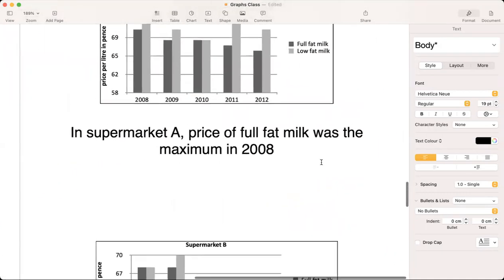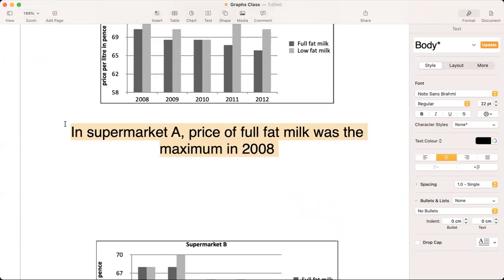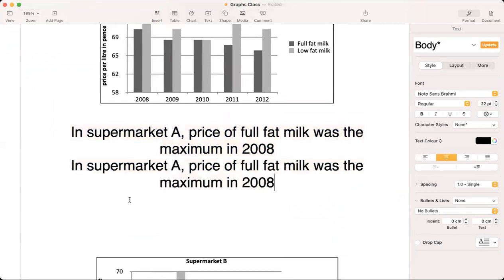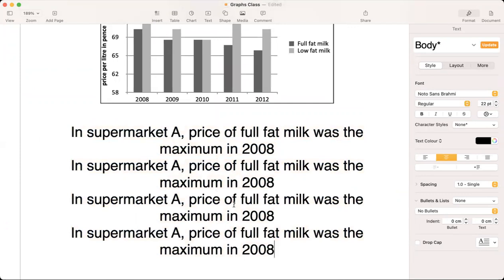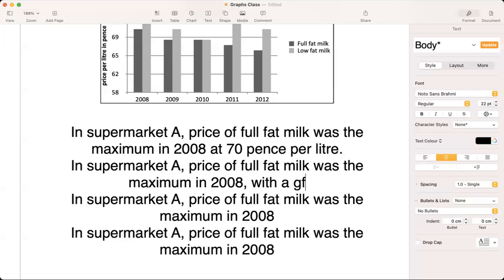Let's see now. So I'll copy it 4 times. Okay, so now the first option is very simple. You can say at and write the price, at 70 pence per liter. That's it. Just an at and the data, nothing else. The second option is also very simple: with the price of, with the figure of.